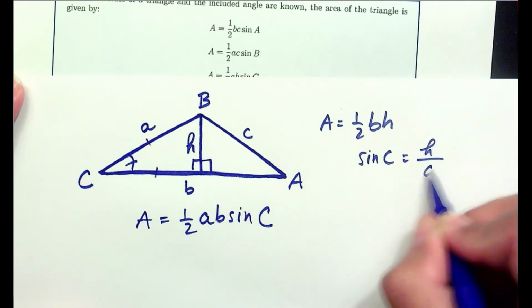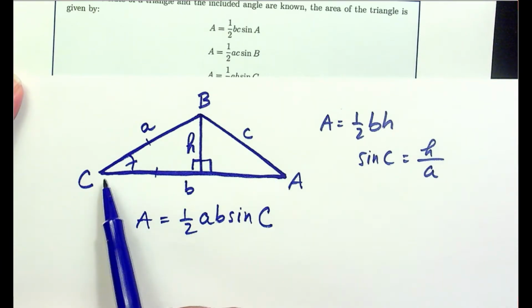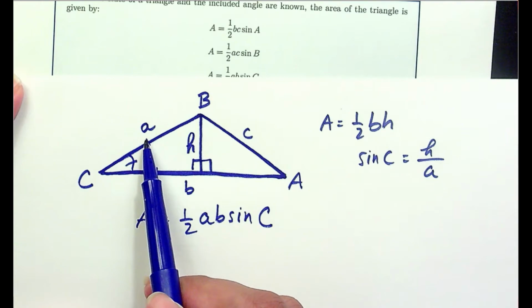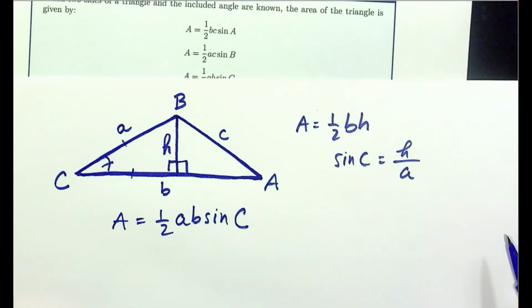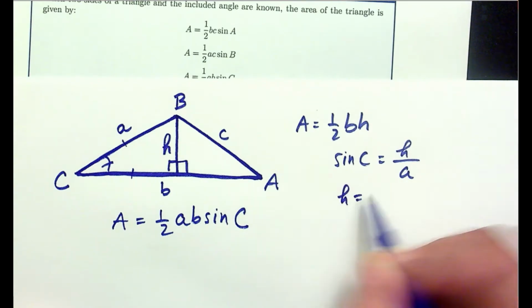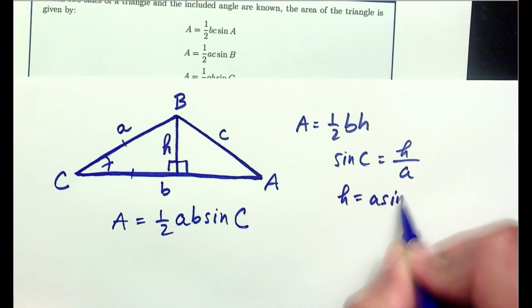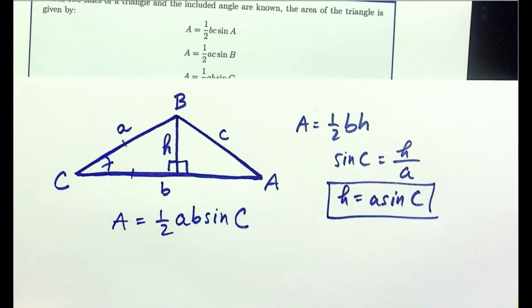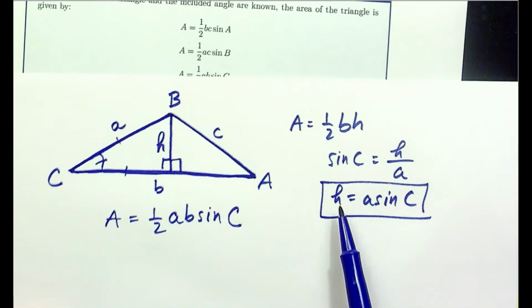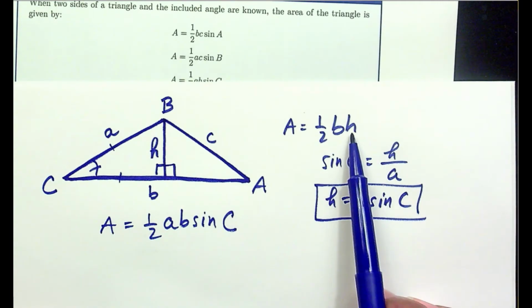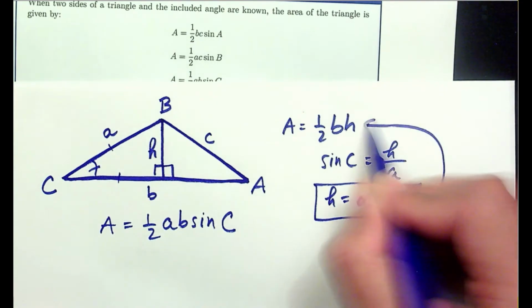Sine of C equals opposite, which is H, over the hypotenuse, which is A. So sine of C equals H over A. If you multiply by A on both sides, you will get that H equals A sine of C. And if you now take this formula for H and put it in here, what would you get?